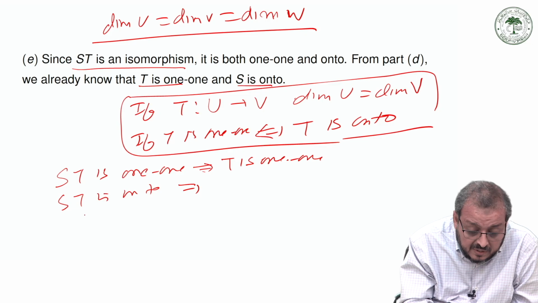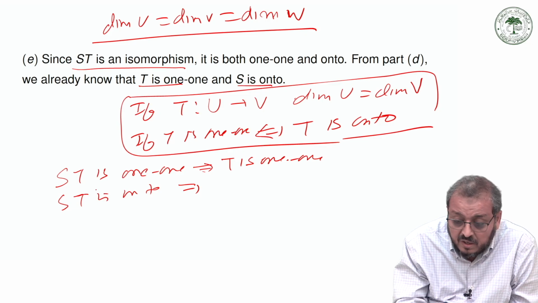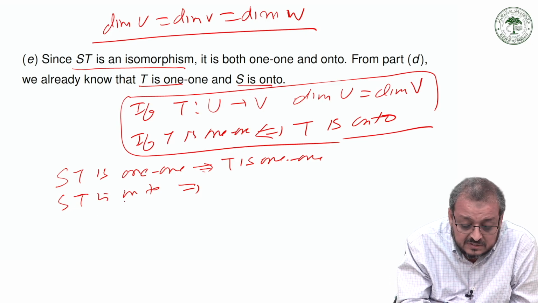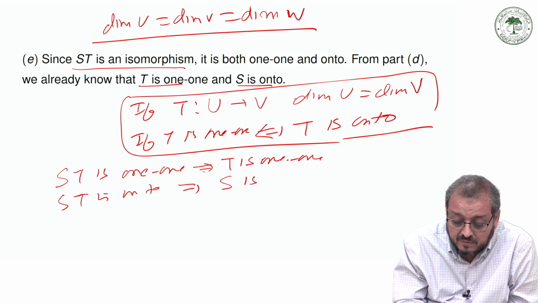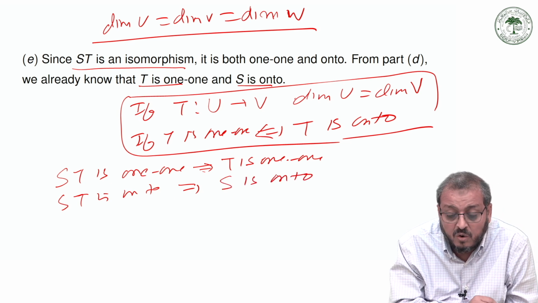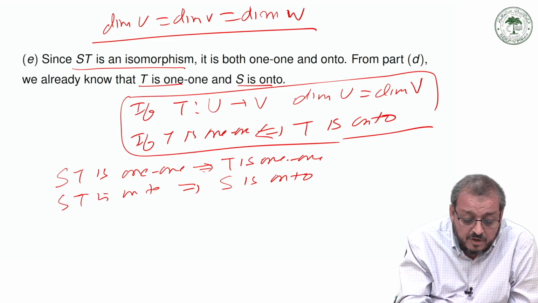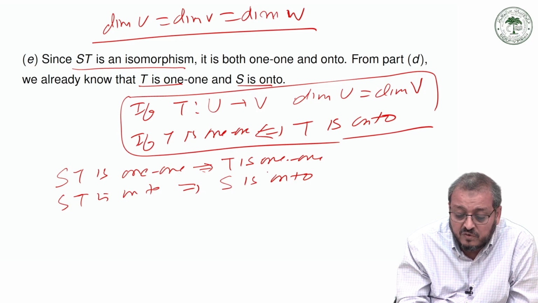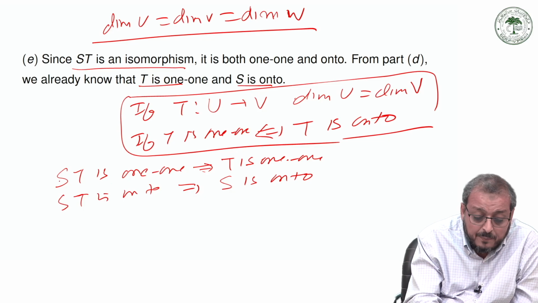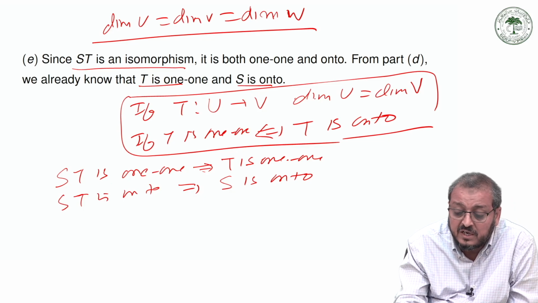And part D also shows that if ST is onto, then S is onto. So if ST is an isomorphism, then we can say that T is 1-1 and S is onto, but the dimensions of V and W are the same.